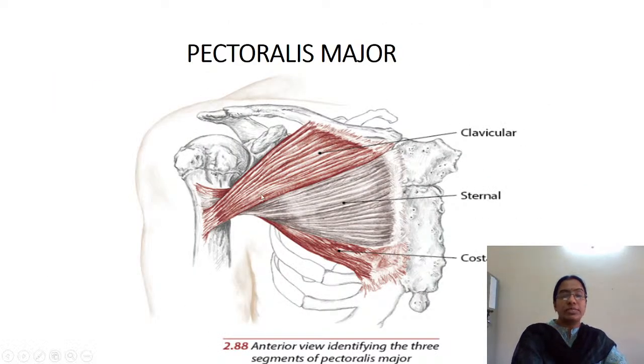It is a triangular shaped muscle with a broad origin and a narrow insertion.